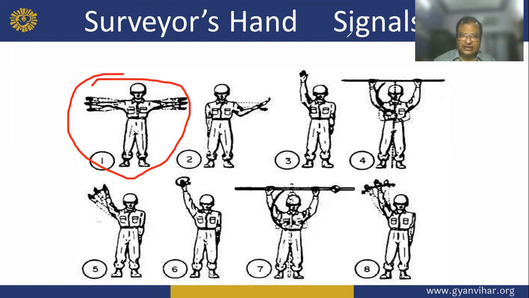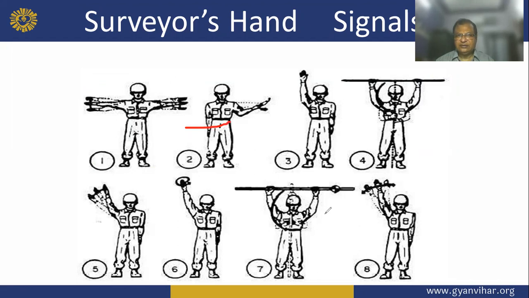And if it is like this, it means come to the right. If it is this direction, it means stand for time. Like this, it means okay, stop. And the same hand direction is for surveyor direction.